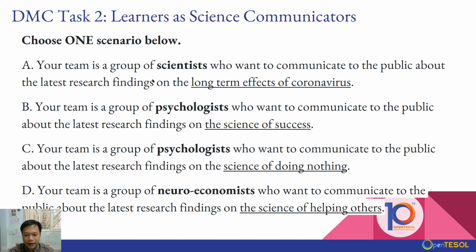Second scenario, psychology, the science of success. Third scenario, psychology, the science of doing nothing. Fourth scenario, neuroeconomics, the science of helping others. Again, these topics were selected because they are timely, because they are relevant, and because they align with the curriculum goals.